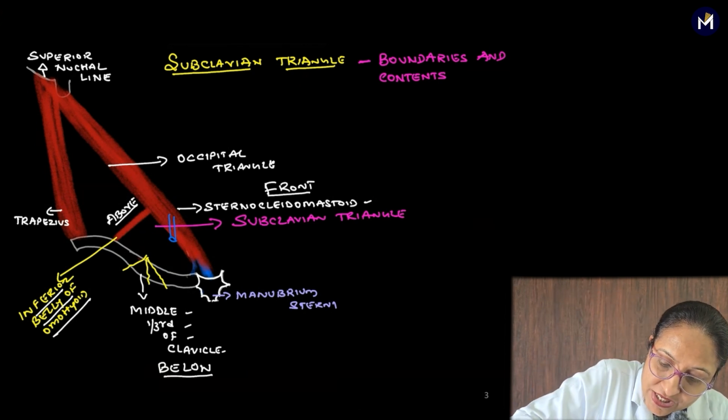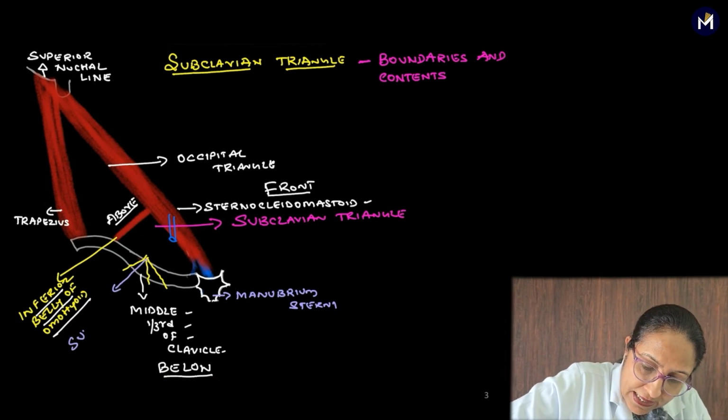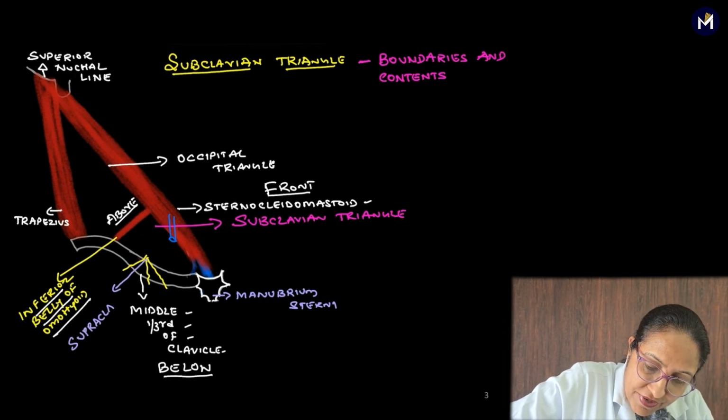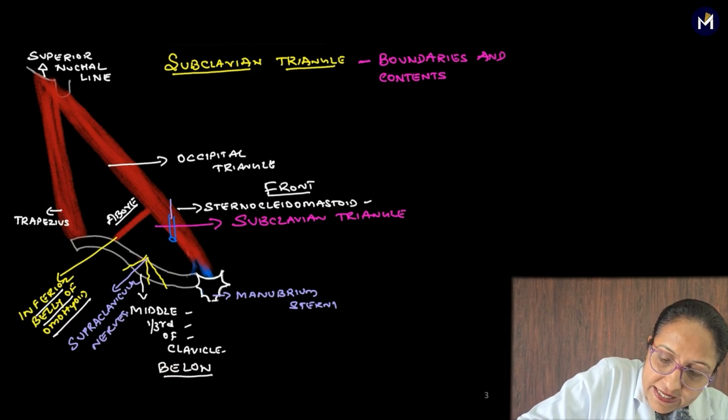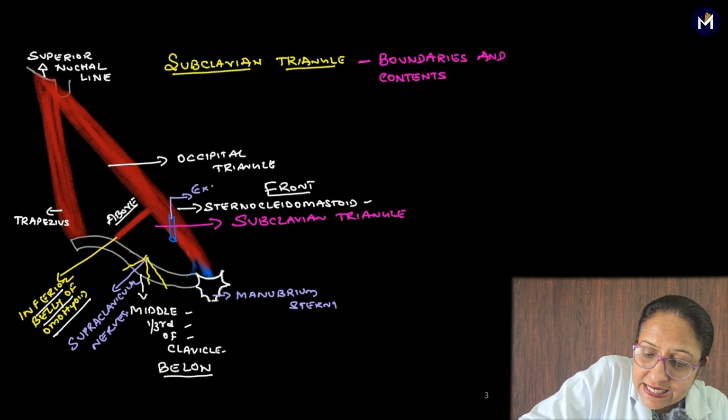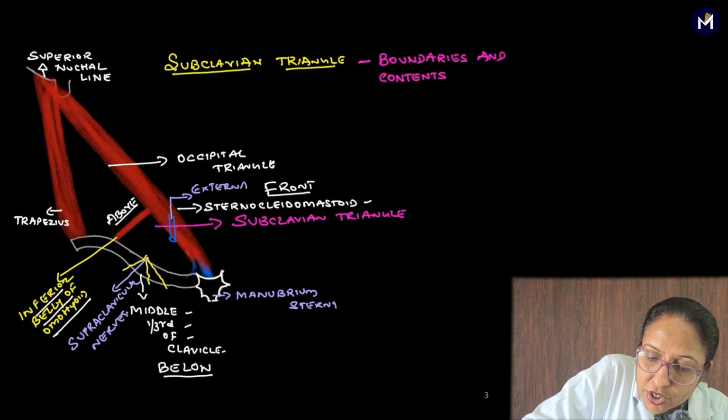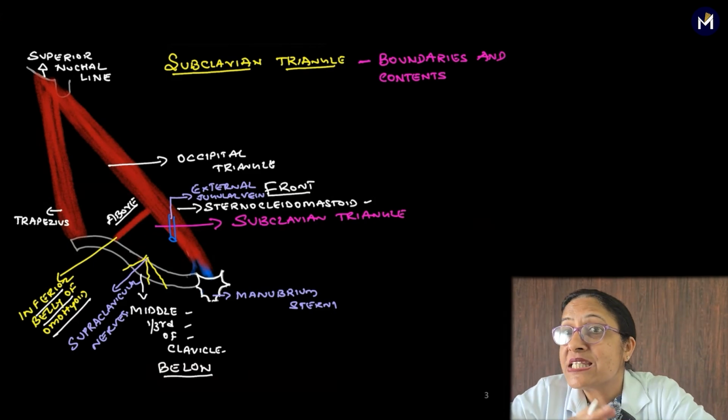So we'll just mention here, these are supraclavicular nerves forming the roof, and this vein is the external jugular vein forming the roof. Then what forms the floor?